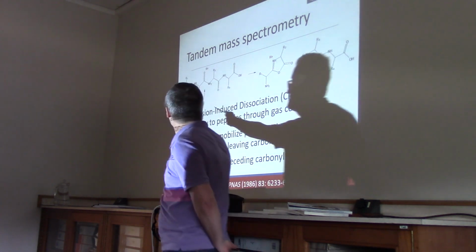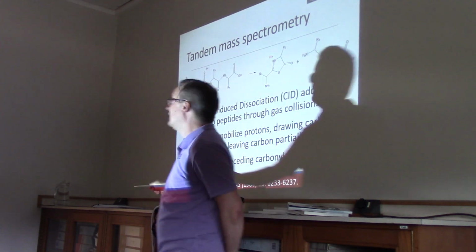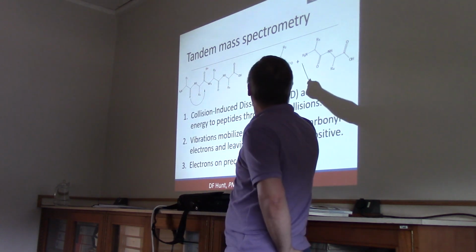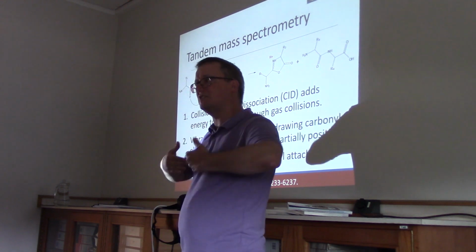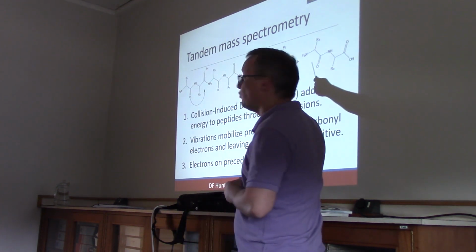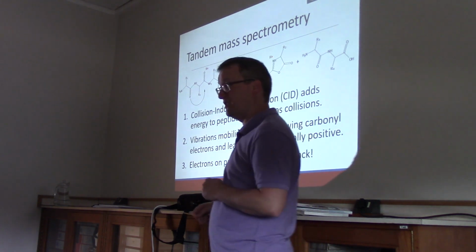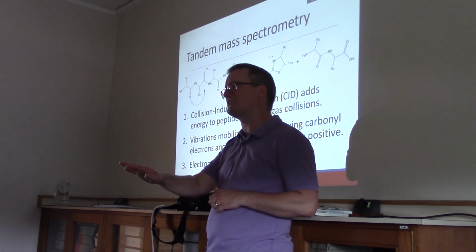And when that happens, the pair of electrons on this carbonyl can attack across there to form a ring, and whammo, suddenly you've got the breakage of this weird intermediate into these B ions representing the N-terminus and Y ions that represent the C-terminus.